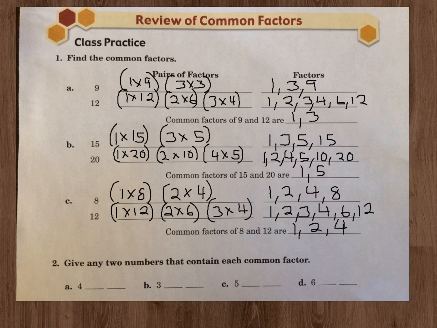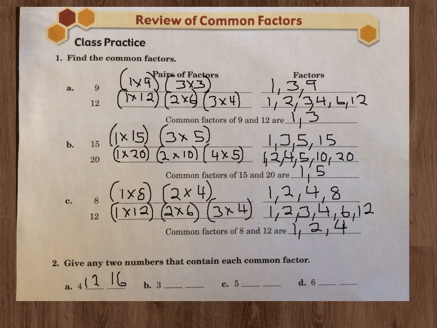Number 2 says to give any two numbers that contain each common factor. So we need to write two numbers that have 4 as a common factor. Well, I know that 4 goes into 12, and 4 also goes into 16, so that would be a common factor of both of those.